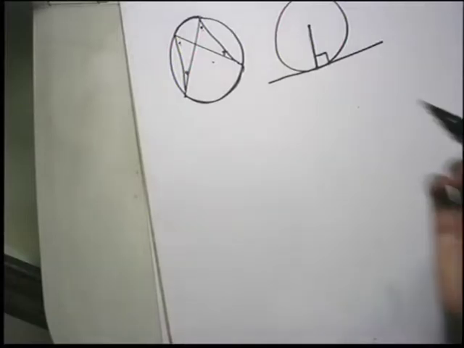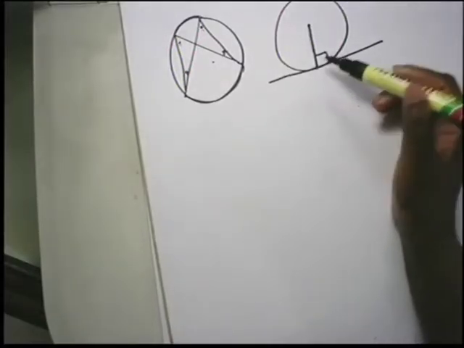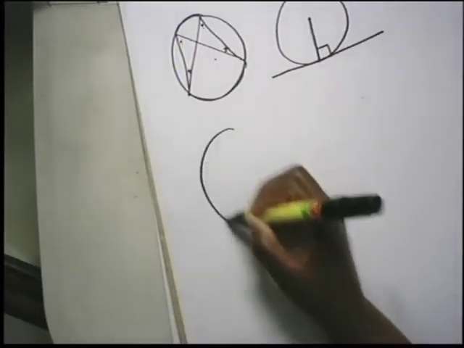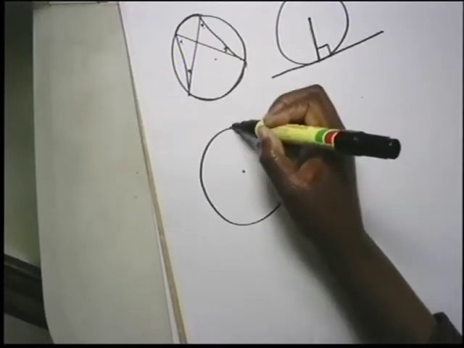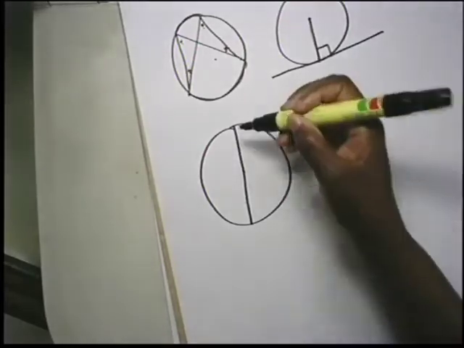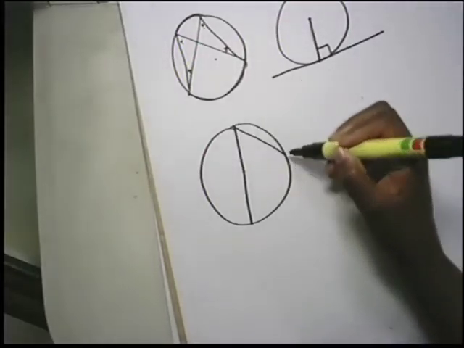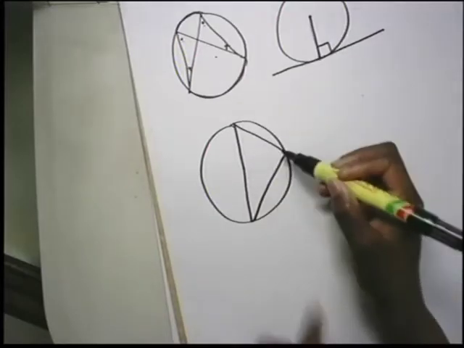Then we come to the angle in a semicircle. If I'm having a circle here, a semicircle is half a circle. If I divide this circle in half, and then draw a triangle touching any part of the circumference, the angle that will be formed there is a right angle.